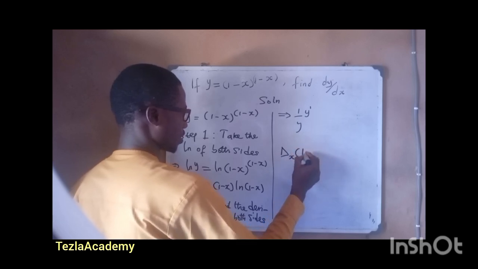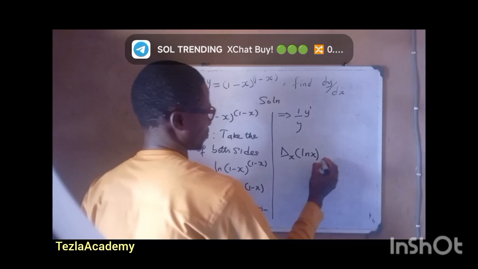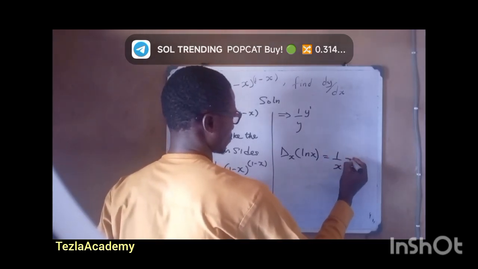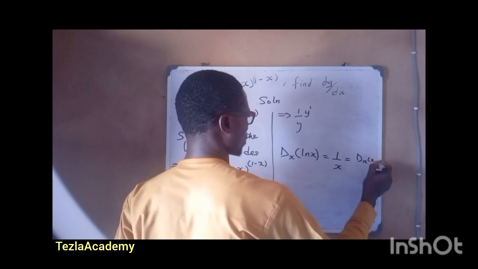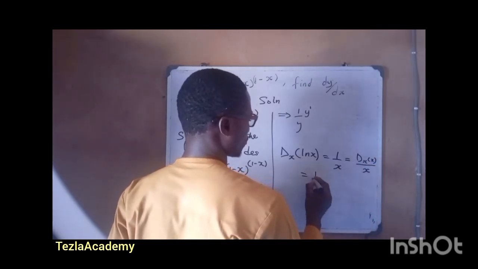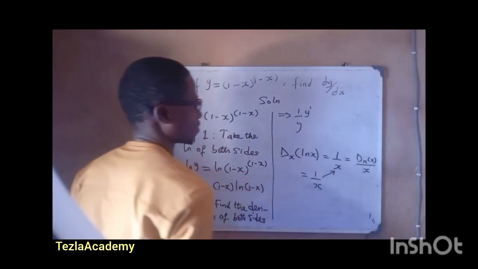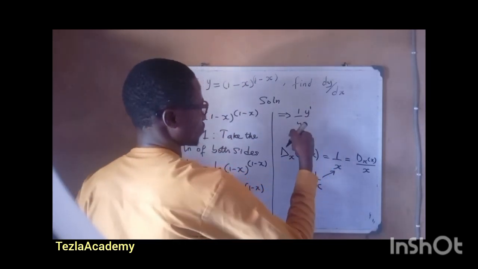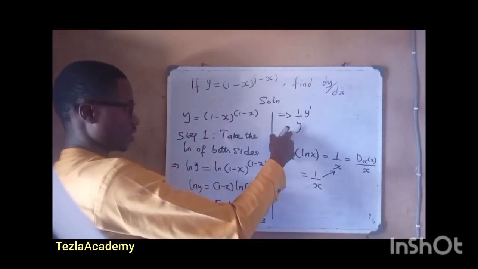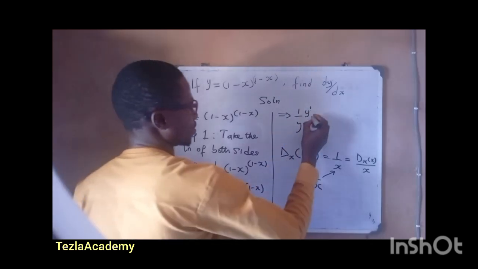Differentiation of ln x is equal to the differentiation of what is inside the ln over the inside itself. So on this side we have y prime, because it is y.